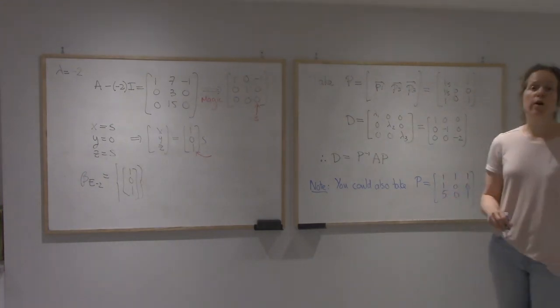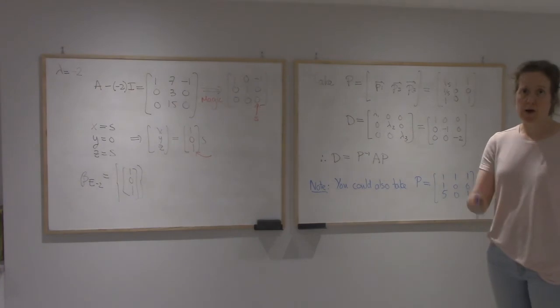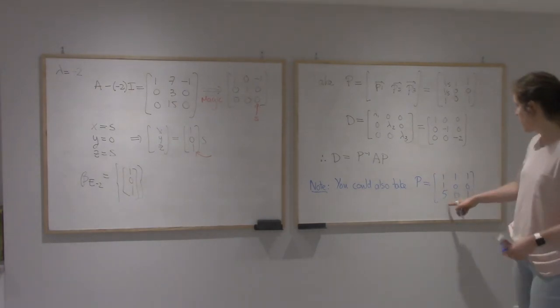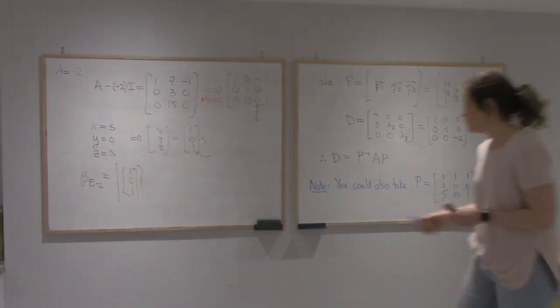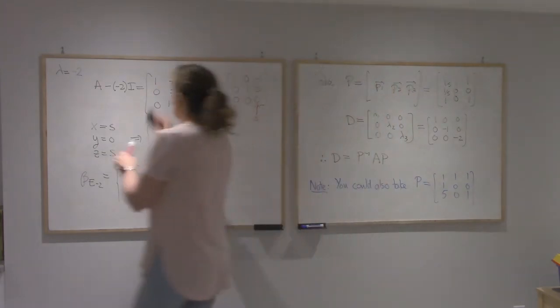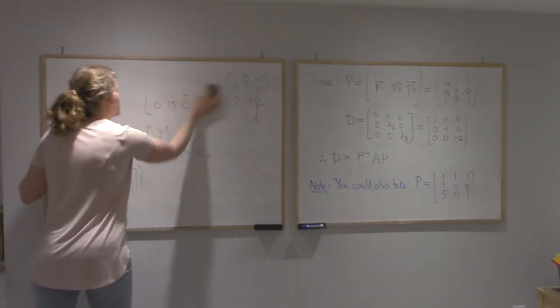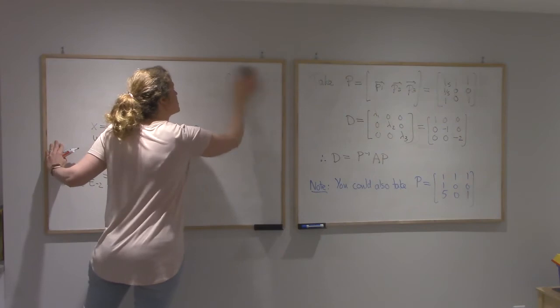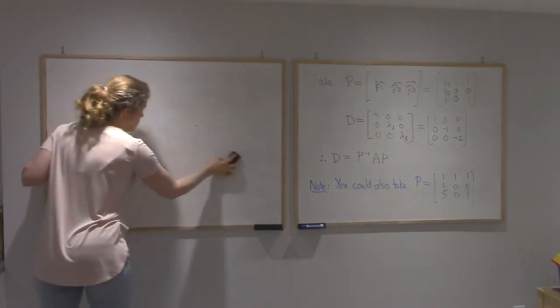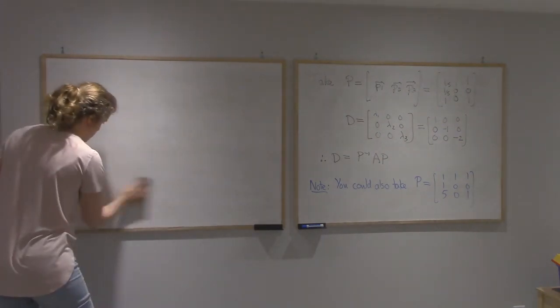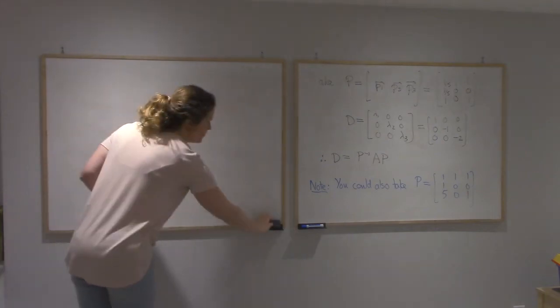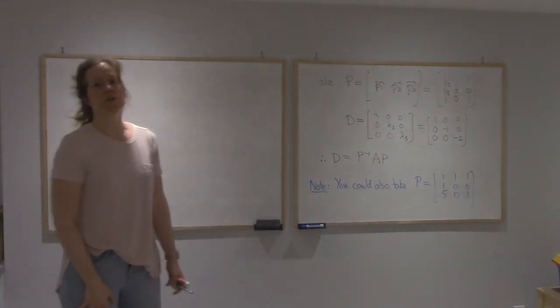You could choose 1, 1, 5 as the generator of that eigenspace, and then you'd get this P right here. The D would be the same. All right, so that's it for A.